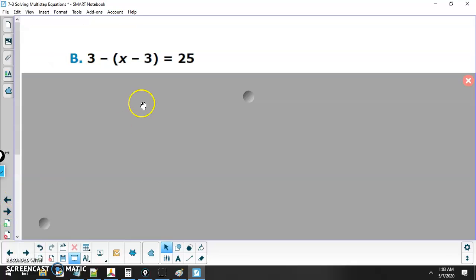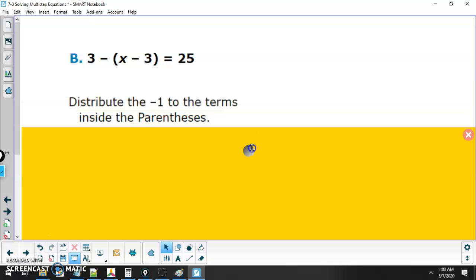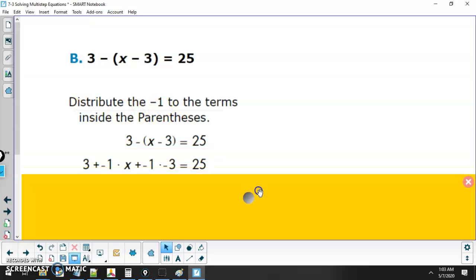All right, let's look at this next one here. Once again, you have a set of parentheses, so you want to distribute first. You actually don't have a number directly in front of the parentheses. So remember, you want to think about that as a -1. So you're distributing a -1 inside of the parentheses. That's -1 times x and -1 times the -3.